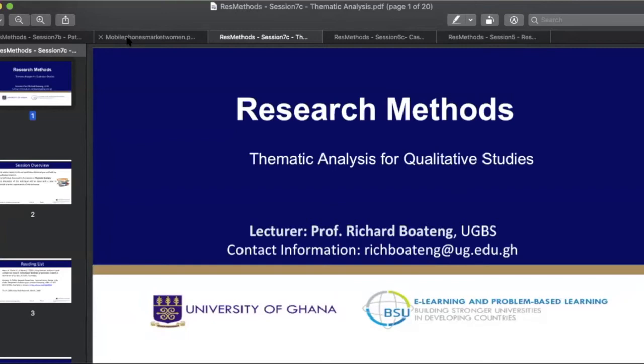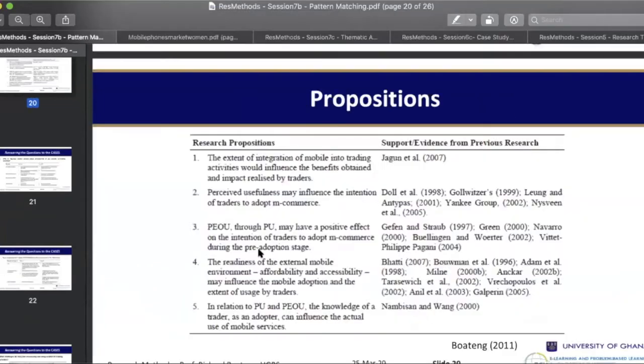Okay, so right now look at this one. Look at number 4. The readiness of the external environment, affordability and accessibility may influence mobile adoption and the extent of usage by traders. This is a proposition, but it's not a hypothesis, number 1. Number 2, this is from the literature. Look at the literature that was used.